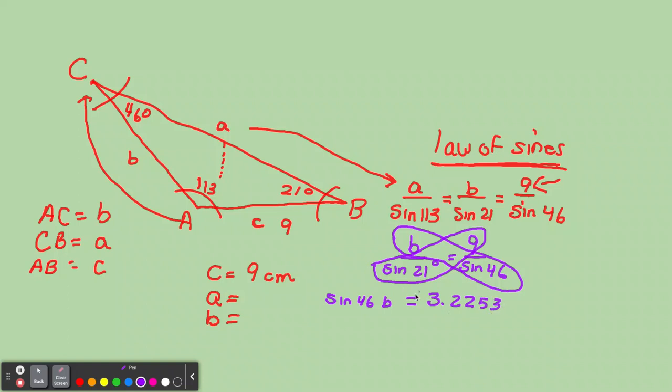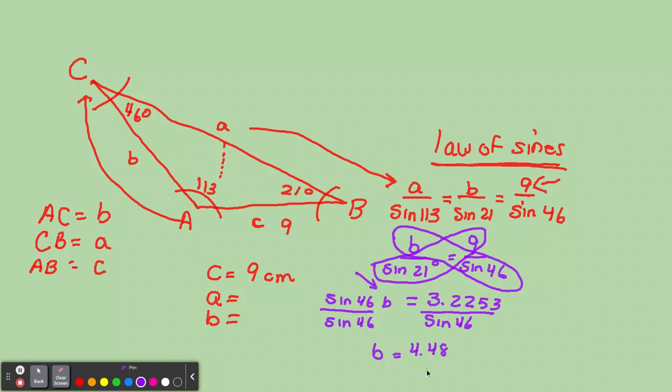And just keep it in there. Don't erase it, because in algebra, you're just going to divide to isolate the b. Take that answer you got and divide it by sine 46. 3.2253 divided by sine 46. And if you left that number in there, b would be 4.48.